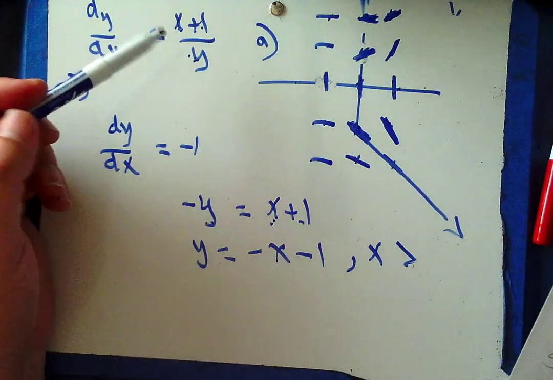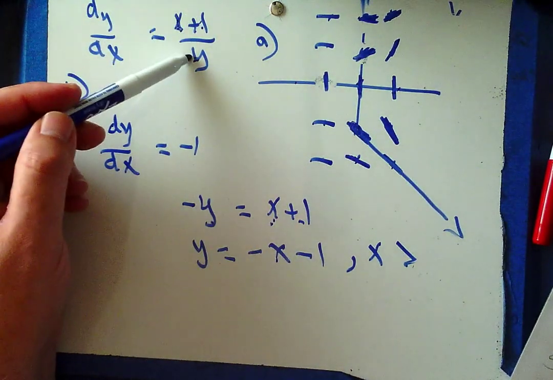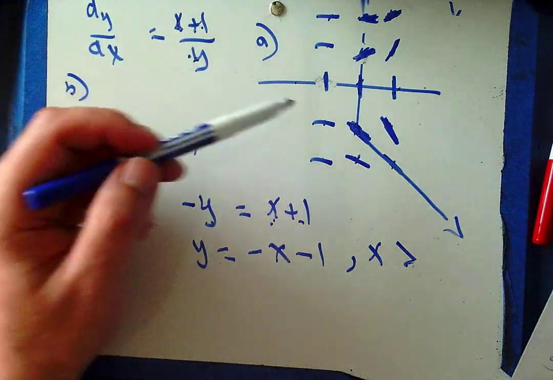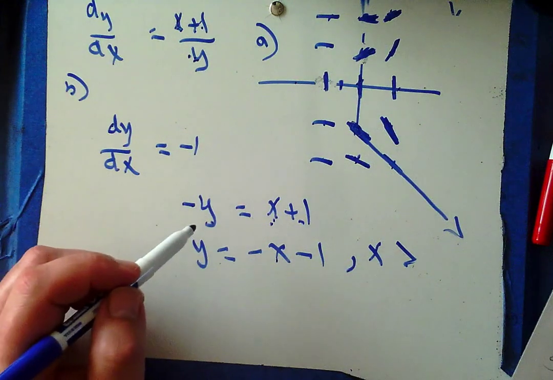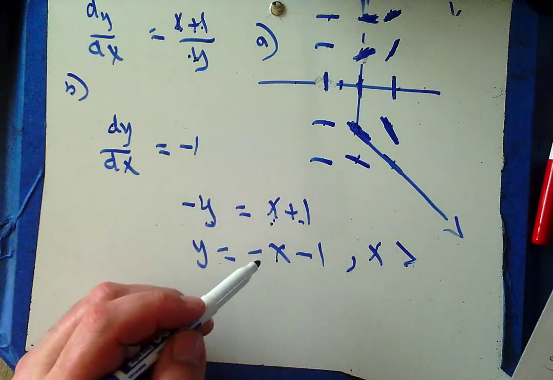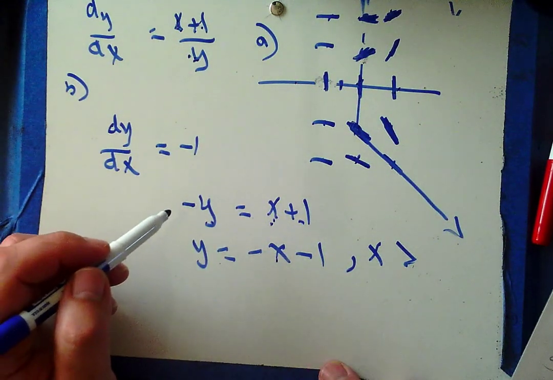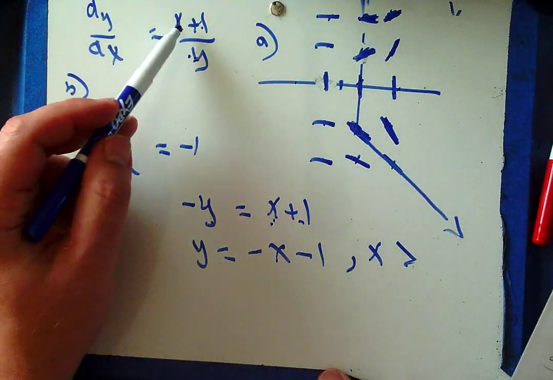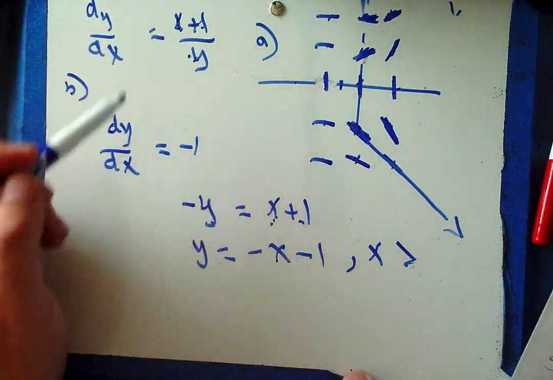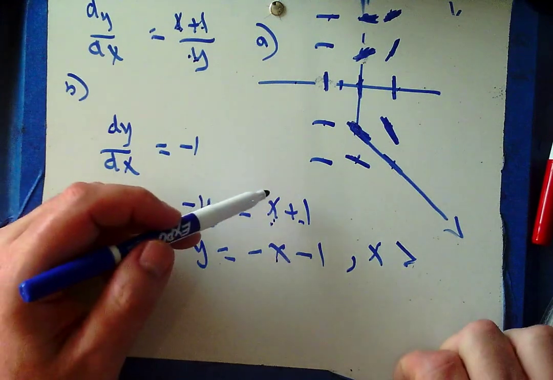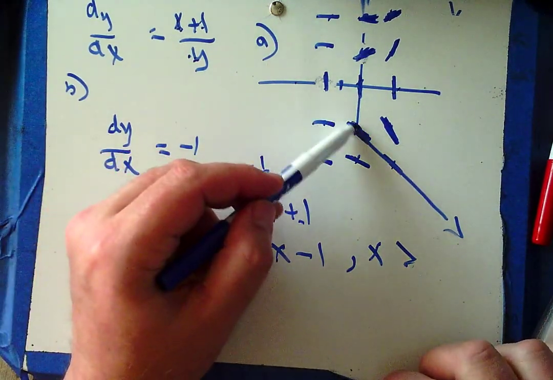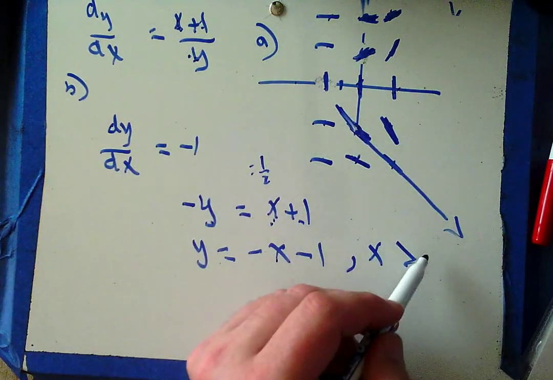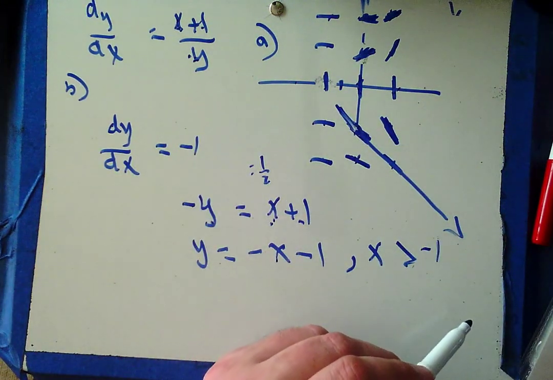So negative 1, 0 is 0 over 0. So I can't go back to here. How about there if I plug in a negative 1/2? Negative 1/2 is 1/2. Yes. So I want to say for x greater than negative 1.